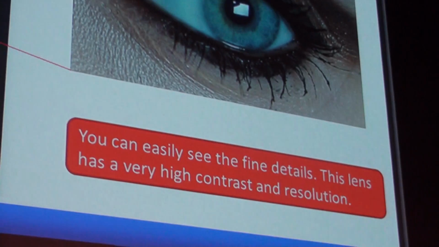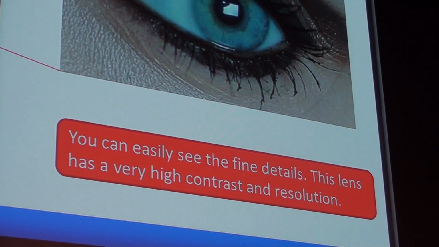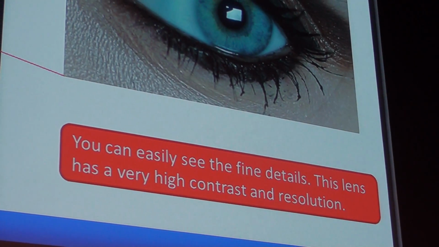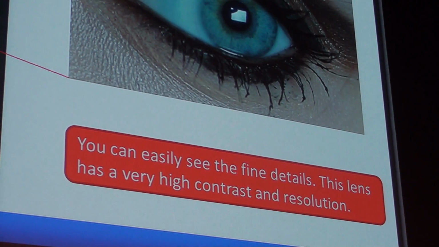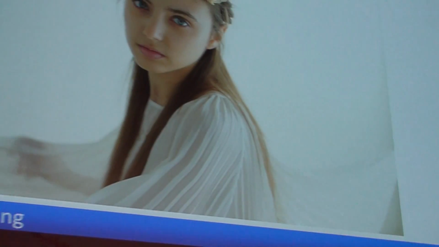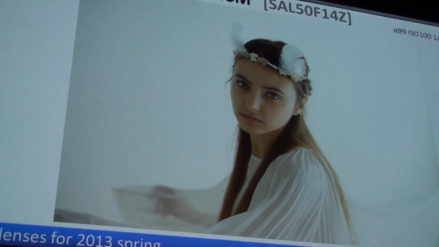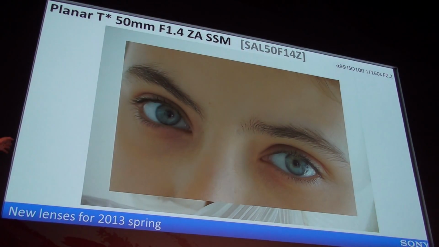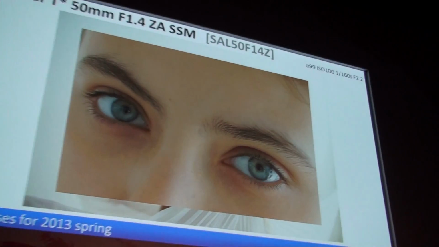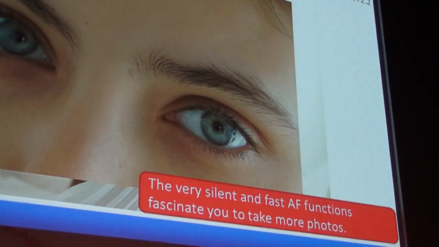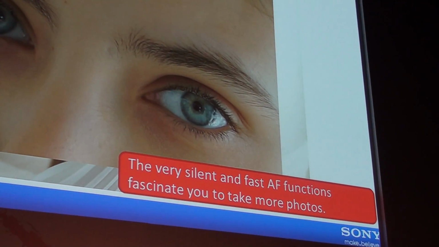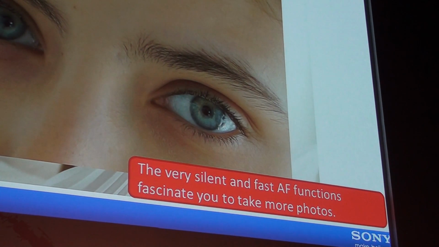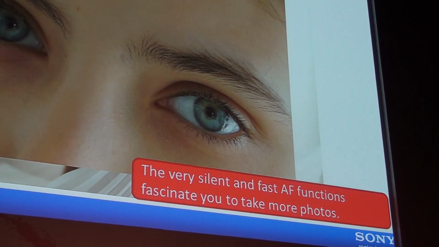I think you can easily see the fine details. This lens has very high contrast and resolution. Next slide. Please see the center of the image. The very silent and fast focus functions fascinate you to take more photos.